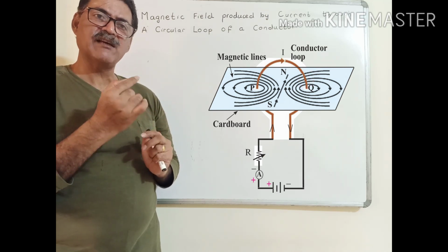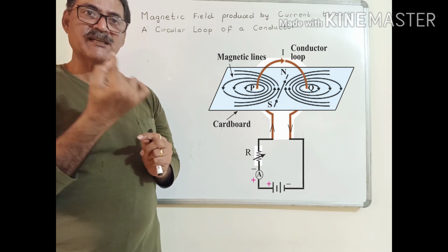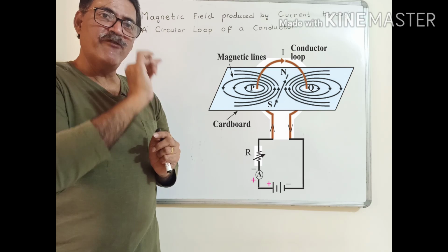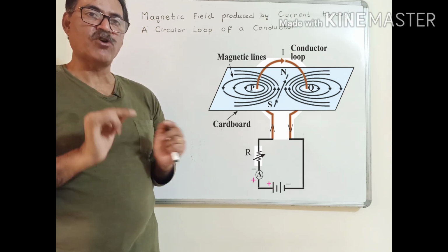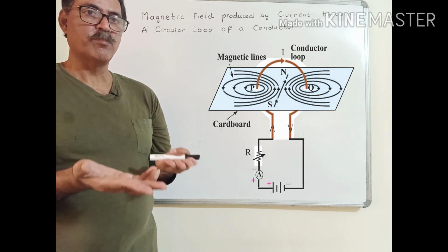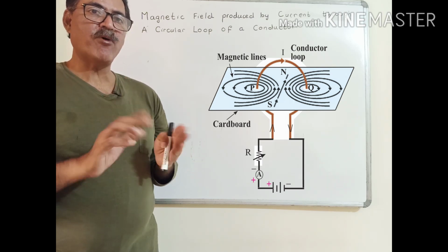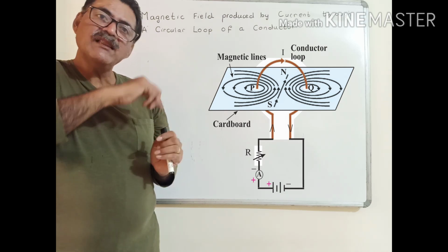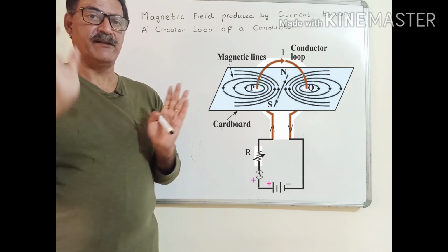These magnetic lines of force are present at every point on the loop, right? Not only at the point where the wire is touching the cardboard. So kindly remember that at every point on the circular loop, you will have these magnetic lines of force in the form of concentric circles, right?